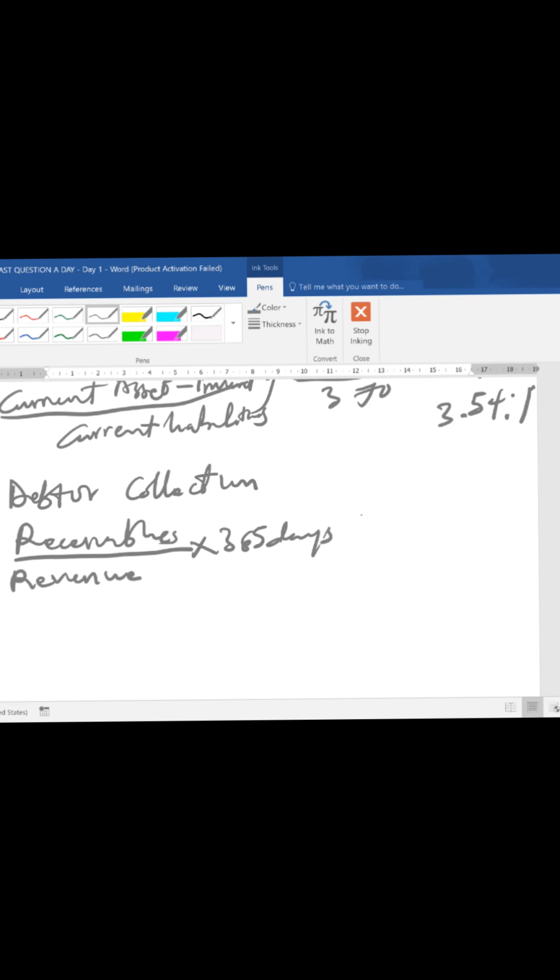So our receivable is 60,000 over our revenue of 6.3 million times 365, and our debtors collection days is 3.48 days.